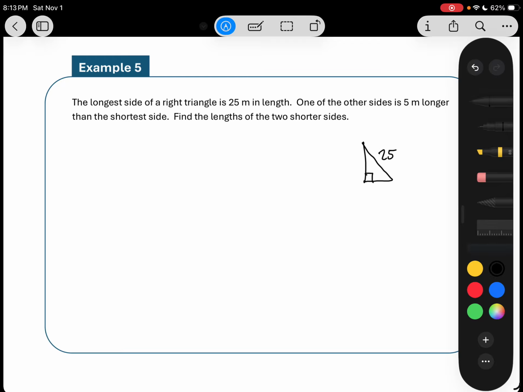And then we got to break this down. It says one of the other sides is 5 meters longer than the shortest side. So if the shortest side is x, then the other side is x plus 5. Now to solve for that, we got to come up with a relationship that we know about right triangles. And you guessed it, that is the Pythagorean theorem.